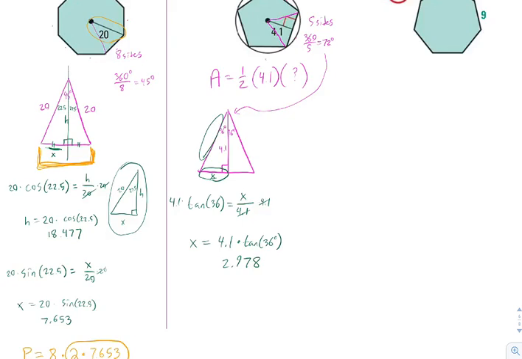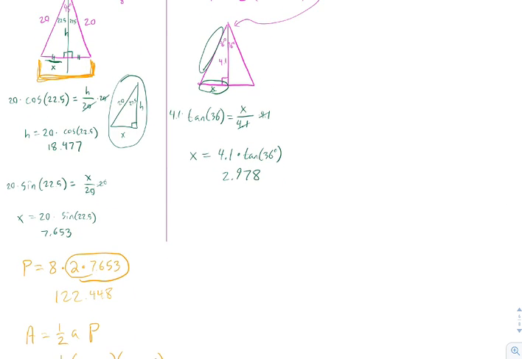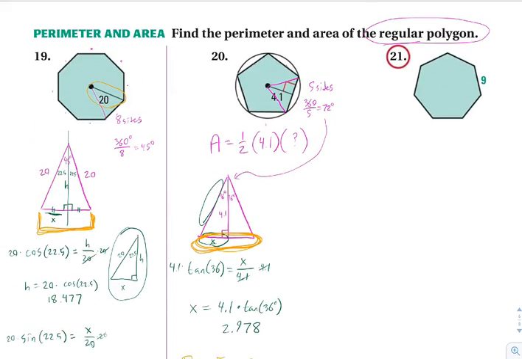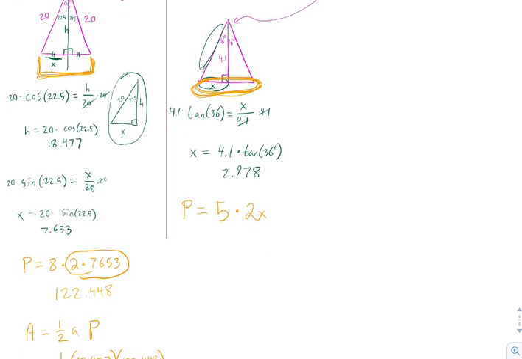Okay, so now it asks for the perimeter and the area. So the perimeter of my shape, let's do orange here, is simply there are 5 sides, and each side length is 2x, right? Because x was half. So once I find a single side length, 2x, I multiply it by 5 sides in my figure.